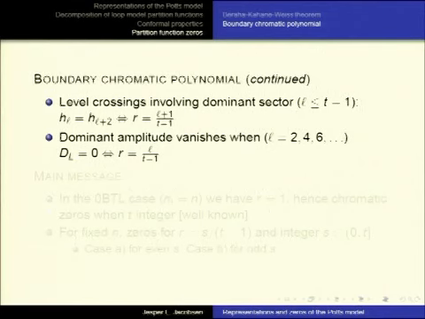And I see from those expressions that there are going to be level crossings involving the dominant sector. That's to say H_L equals H_{L+2} whenever R, remember R was the thing that parameterized the other weight, right?